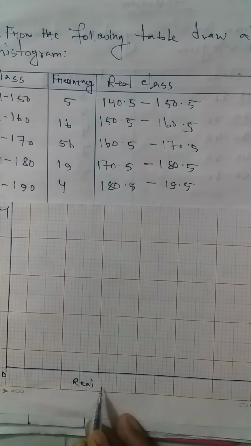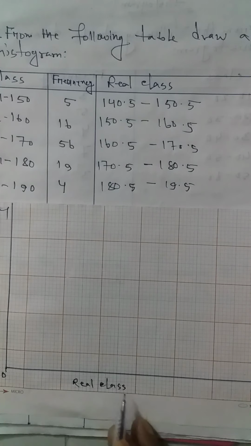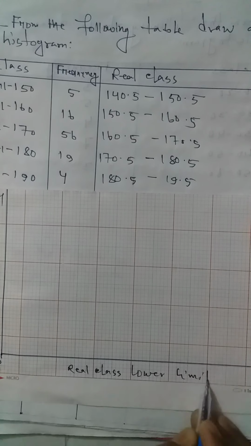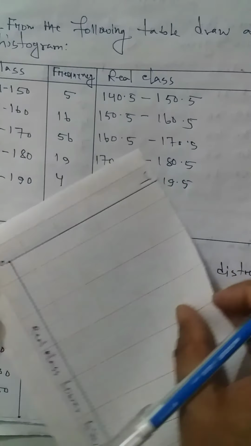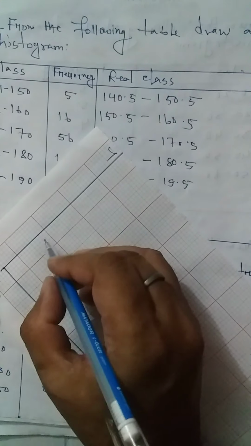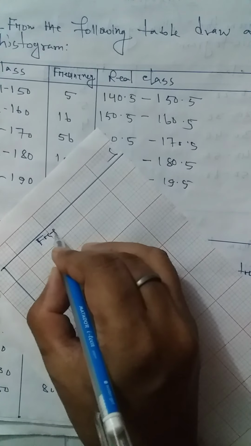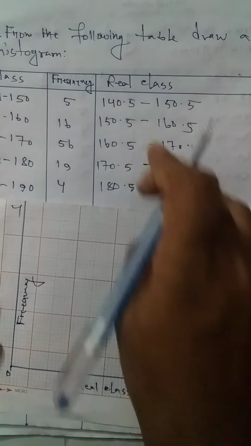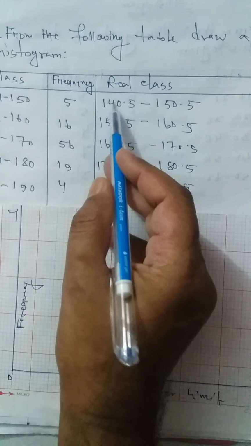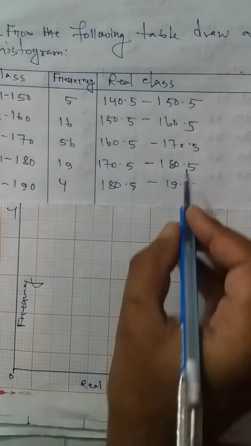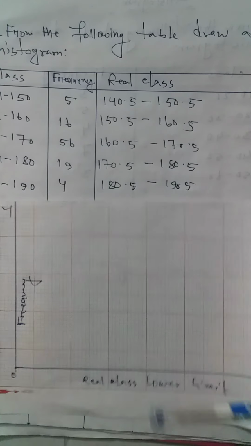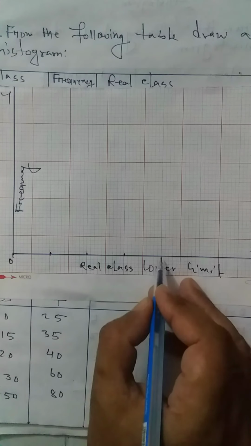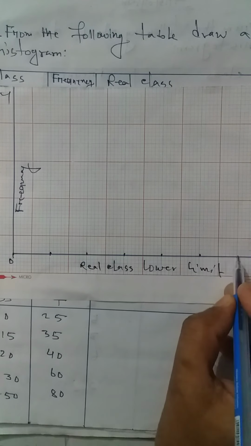The horizontal axis is the class, and the vertical axis is the frequency. Now for the class lower limit, indicate 1, 2, 3, 4, 5 and 6.